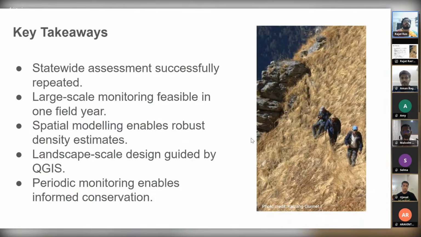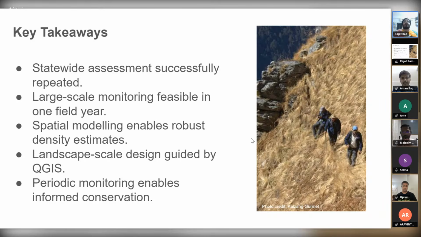Now, the key takeaways of this study were that we successfully completed another statewide assessment, and because of proper spatial planning and local support, we were able to do a study which took around 3.5 years the first time within 1 year, including analysis.